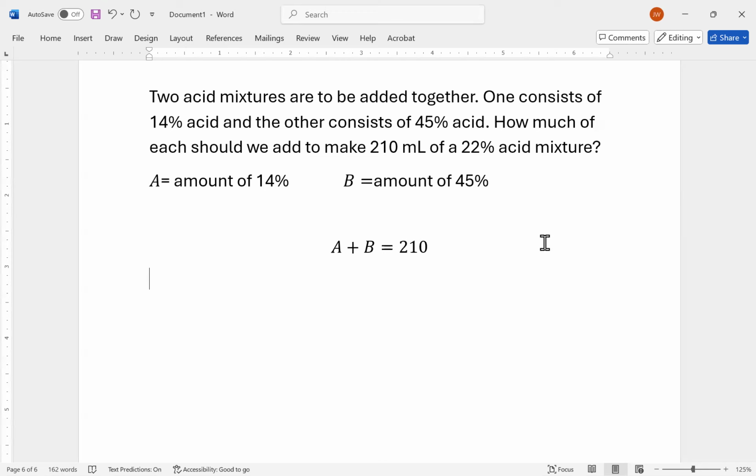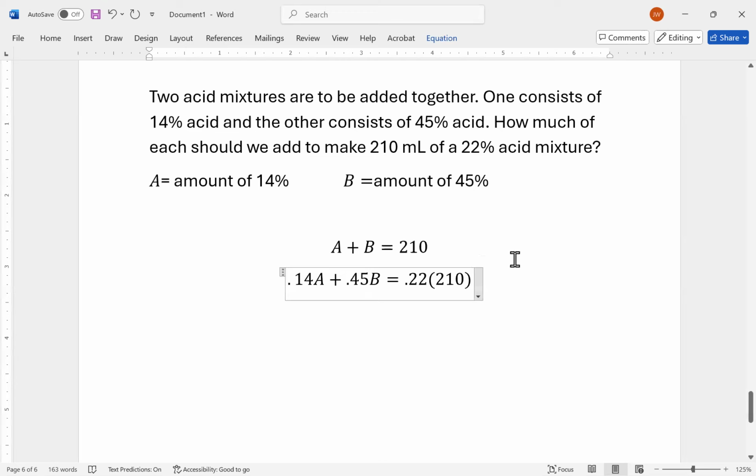The amount of acid in A is 14%, so the amount in A is going to be 0.14 times A. The amount of acid in B is going to be 45% of B. And lastly, the amount of acid in my final mixture is going to be 22% of this 210 number.